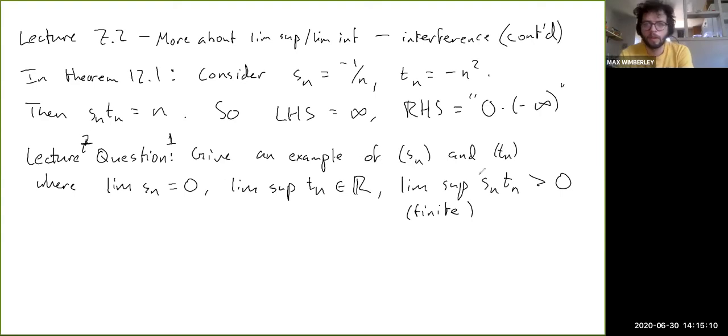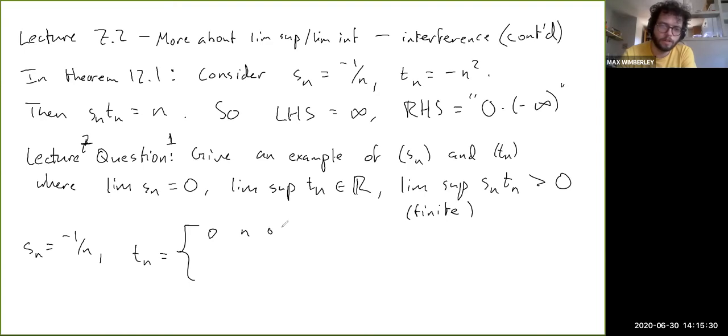Okay, so the example I had in mind for this was the following. Let's take Sn equals -1 over n again, right? And then Tn, we could do something like this. We can make it be 0 when n is odd, let's say, and -n when n is even.